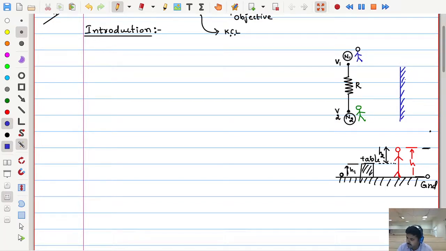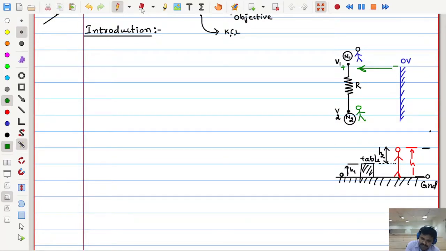We will also consider here some surface at which the voltage is 0 volts. Usually the earth surface voltage is 0; earth is a neutral element. Now what I will say is that this first person, P1, has a voltage of V1 with respect to ground. This reference I will show as minus, this I will show as plus. That means from here to here, he has grown to a height of V1, if we compare this kind of analogy.